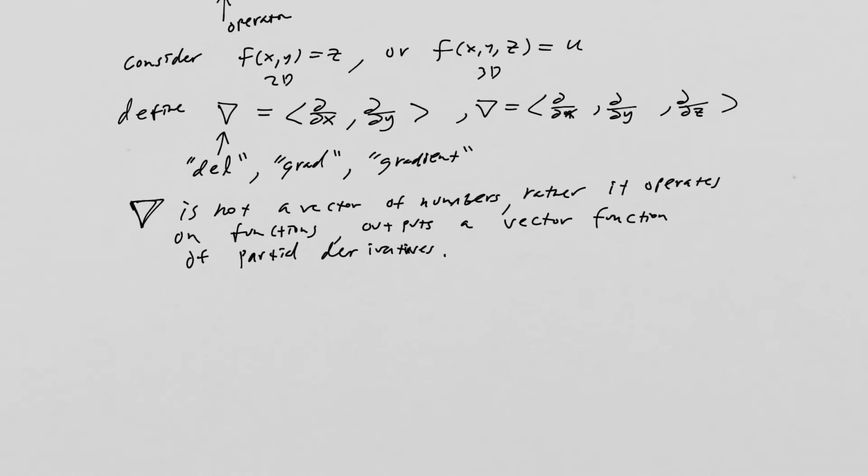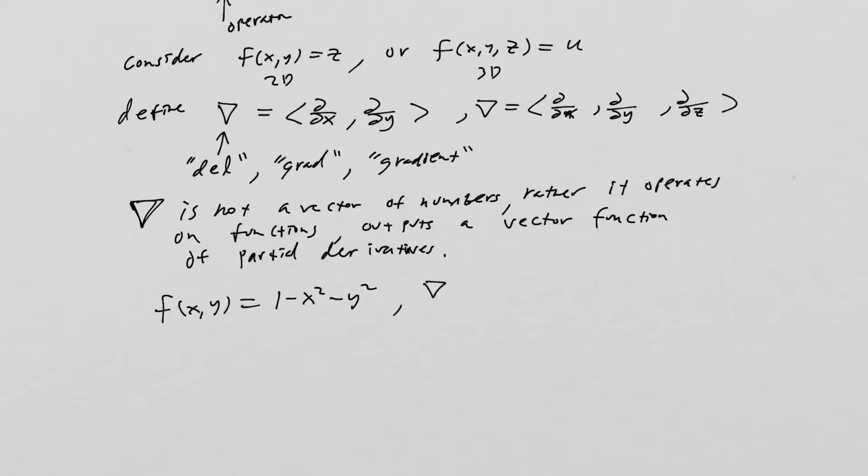Okay, so let's give an example. Let's say I have a function f(x, y) = 1 - x² - y². So here's the operator, here's the function.